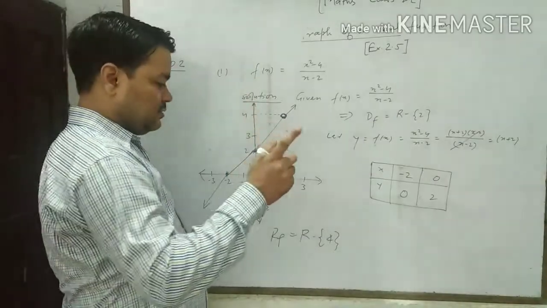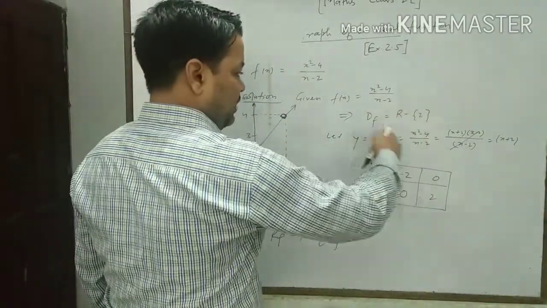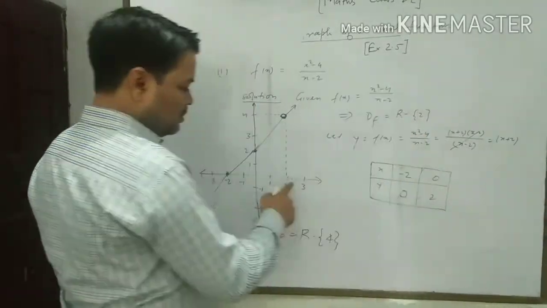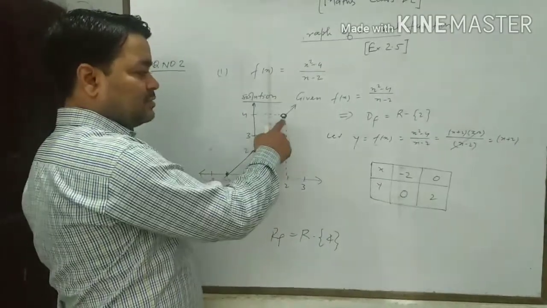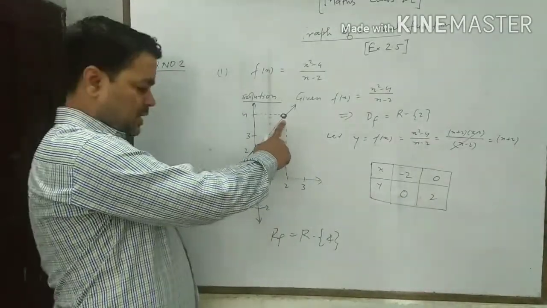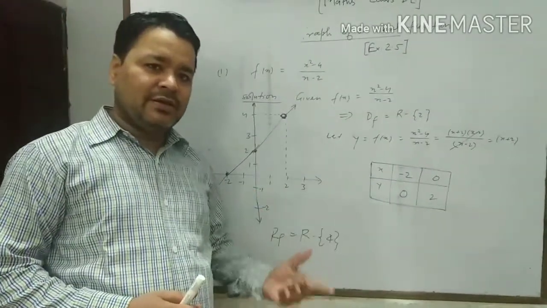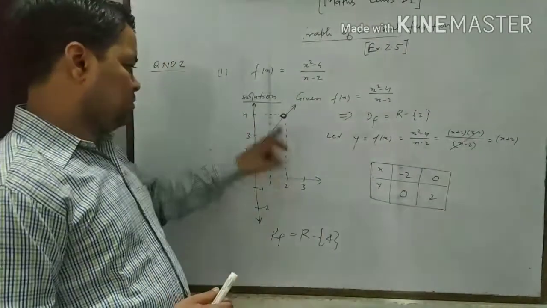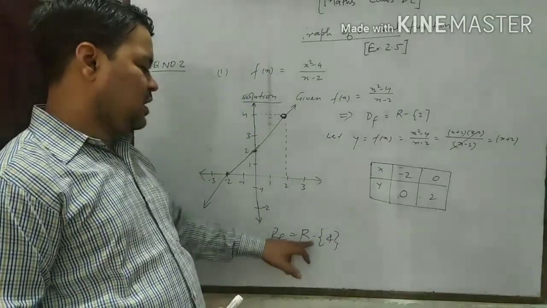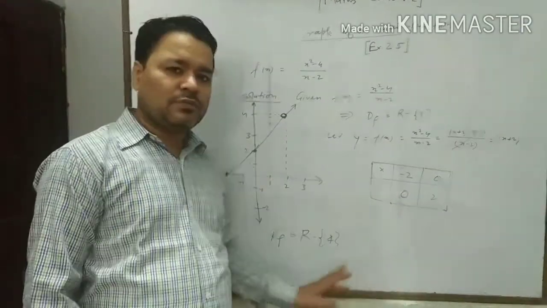If the domain of the function excludes 2, then the range of the function also excludes 4. Hence, we can take all values of y except 4. Therefore, the range of the function is R minus {4}.